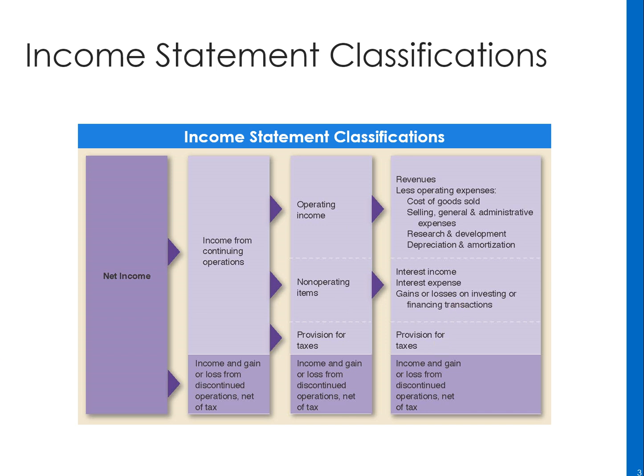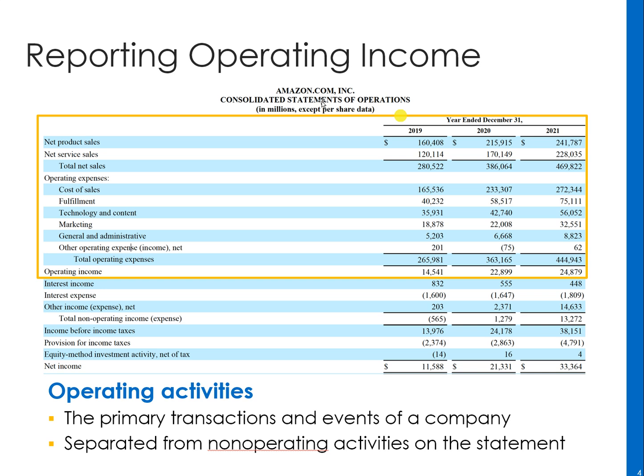Now we have an example of an income statement for Amazon. The items inside this orange block are operating items. We start with the product sales and service sales, and these are Amazon's main business.